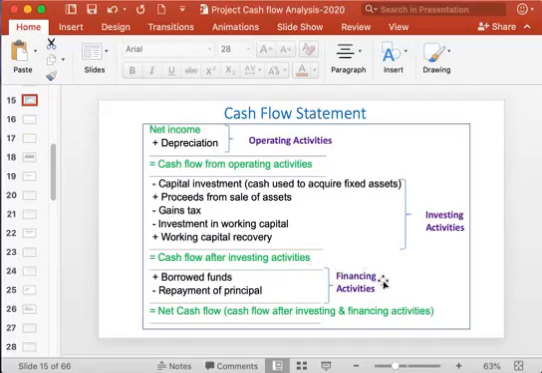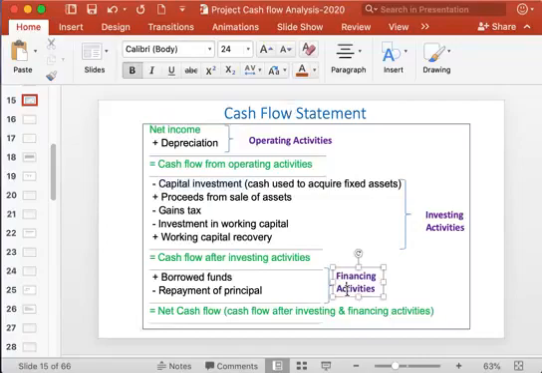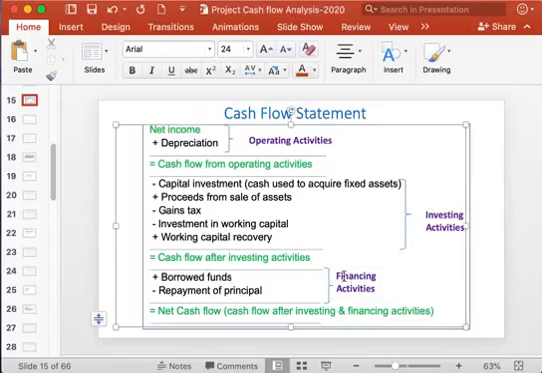Okay, so when there is borrowed funds used in the financing of purchasing the capital equipment here, then another component, which is financing activity, comes into picture when we prepare the income statement and cash flow statement.